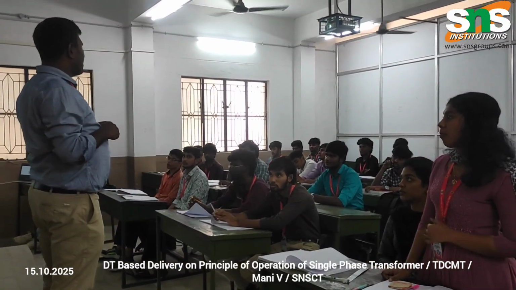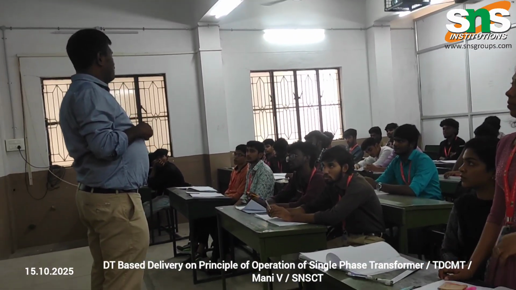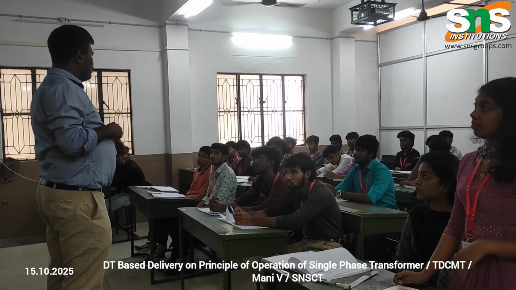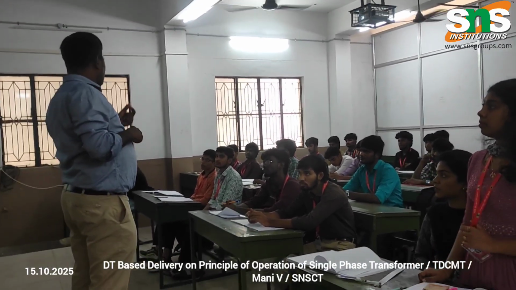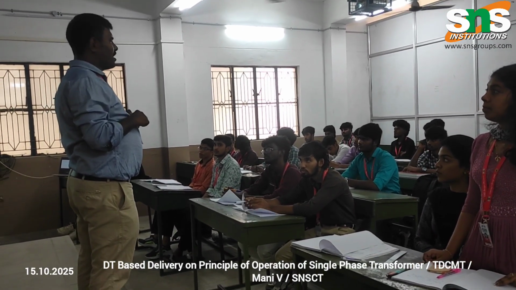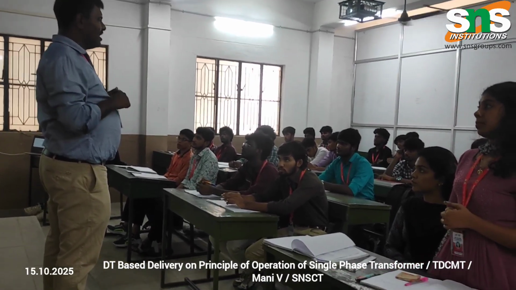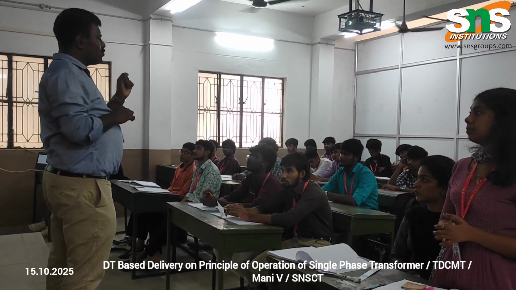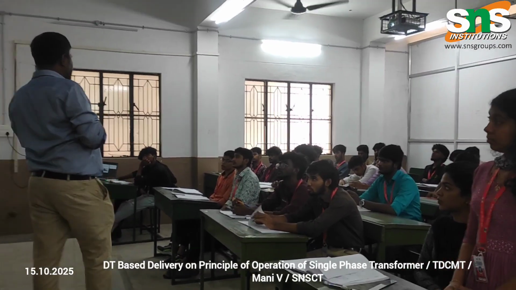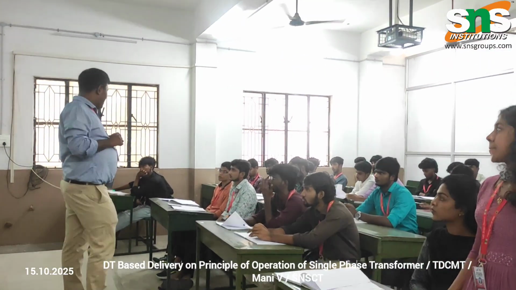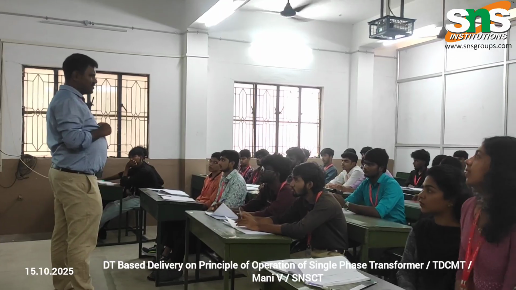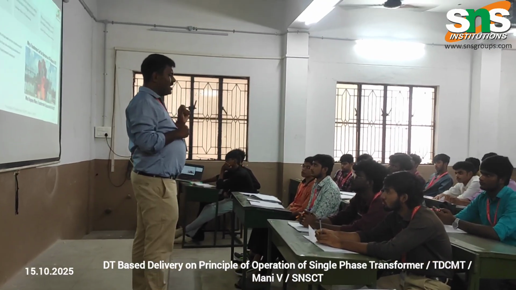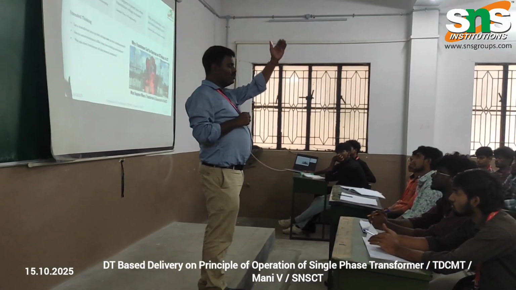The power losses can be minimized because if I increase the voltage, the current decreases. According to the heat loss or power loss, there is something called I squared R. So we are minimizing the power loss. That is why we use the transformer in generation and transmission. It is mainly to reduce the power loss, so that only we are boosting the voltage.